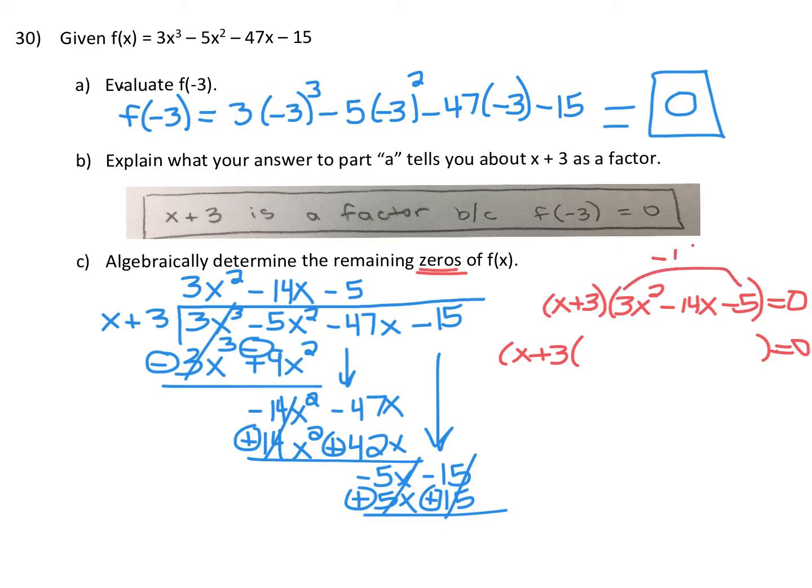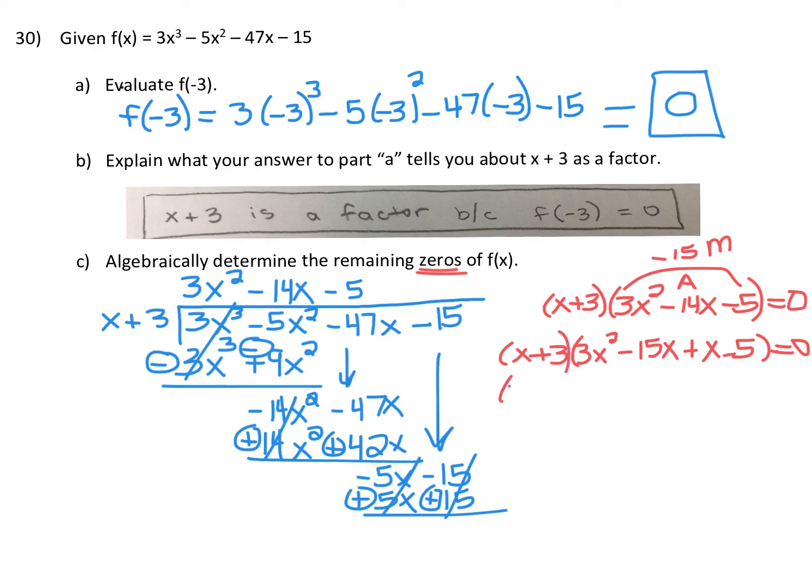And remember, when you do the rainbow, you bring down the first term, you bring down the last term, and we need to come up with two numbers that multiply to negative 15 and add to negative 14. So negative 15 and positive 1. And we have to attach x's to those. And you could put them in either order, it doesn't matter.